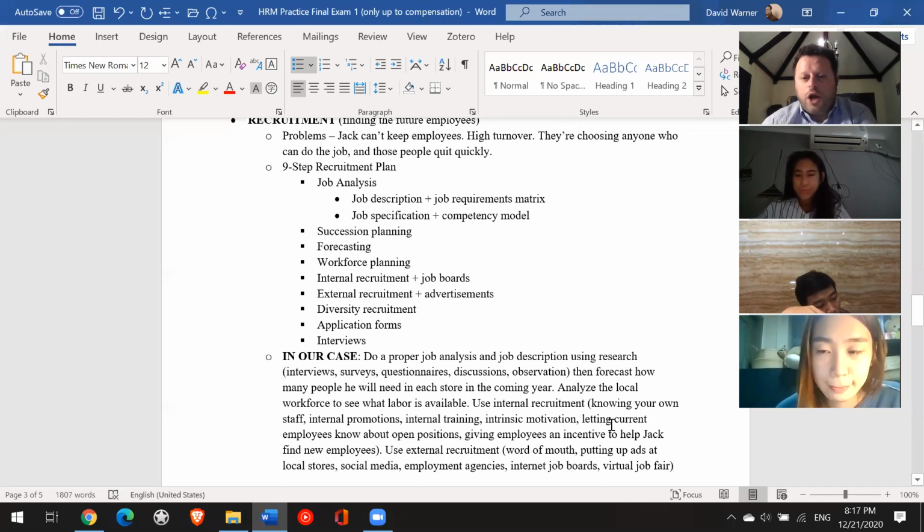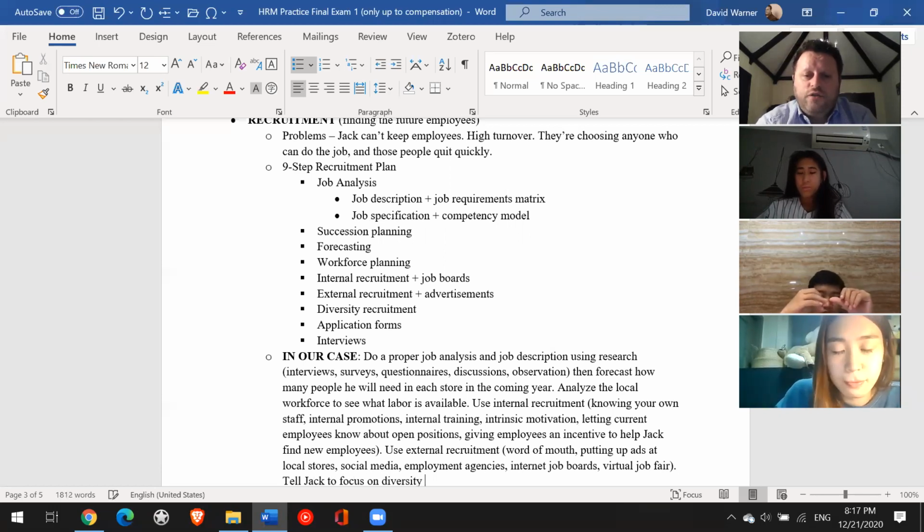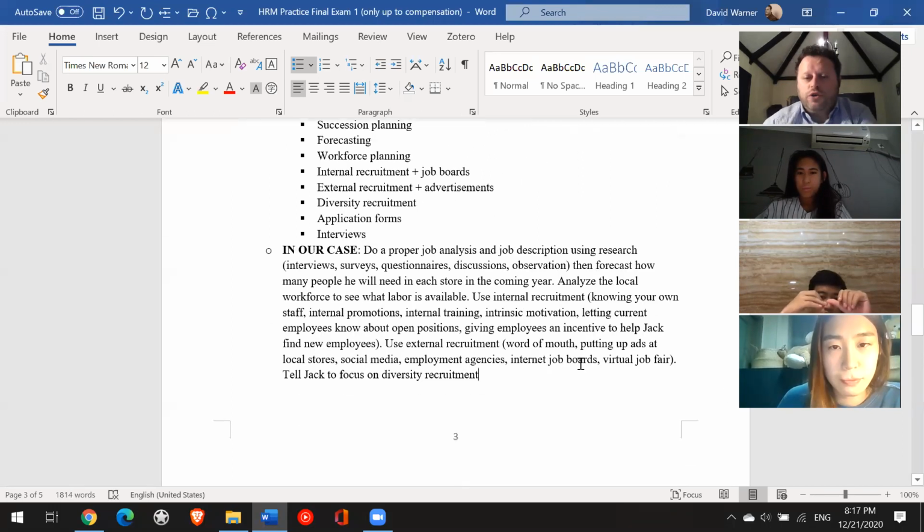For a job like this, I would probably tell Jack to focus on diversity recruitment. Can you tell me some forms of diversity recruitment?